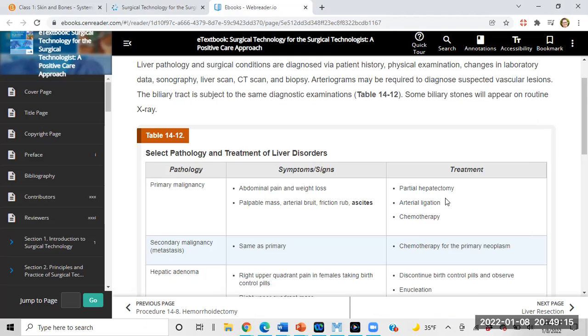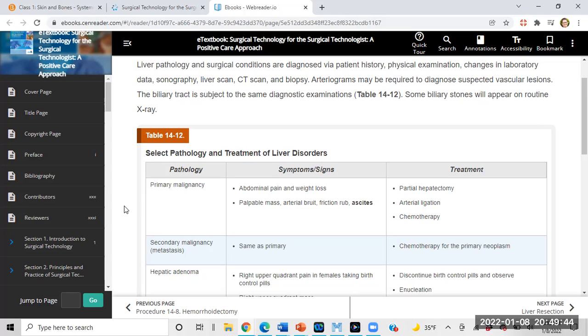Let's go back to the book. So there's quite a few of these pathologies and disorders that we're going to talk about. So malignancy. We have primary malignancy, which means that it originated there. So if there's primary liver cancer, that means that's the first place it started. If we have secondary, that means it started somewhere else and metastasized to the liver.